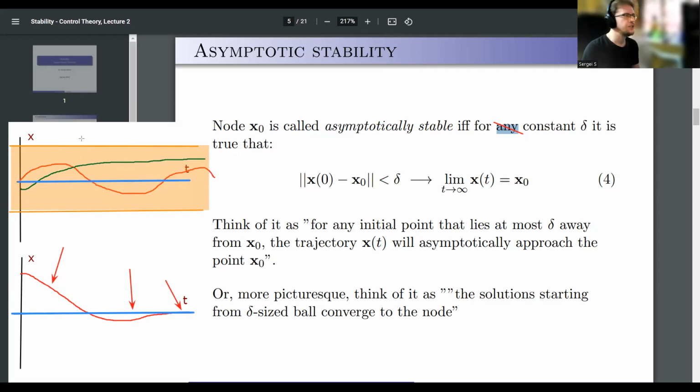That is all that is implied there. On the other hand, for asymptotic stability, it is implied that the solutions will actually converge to the node.